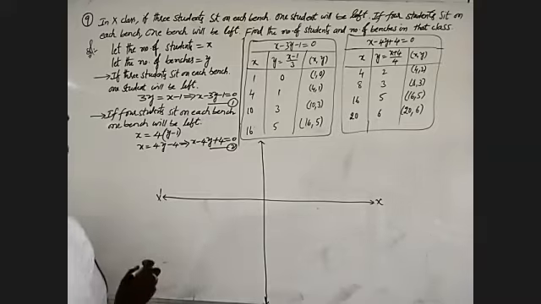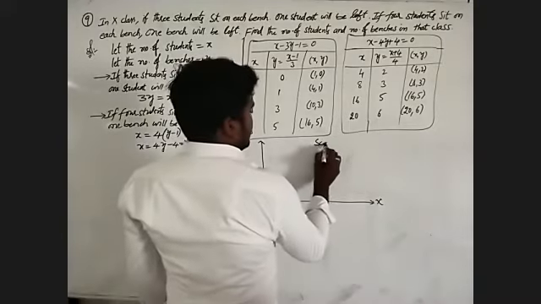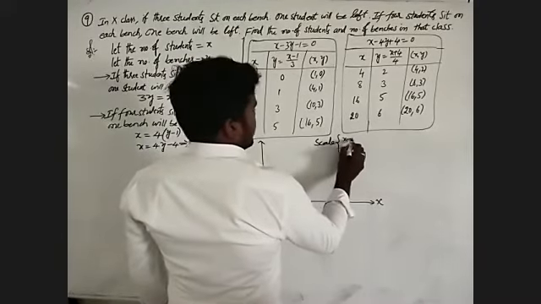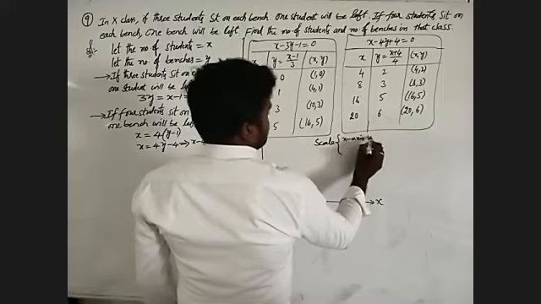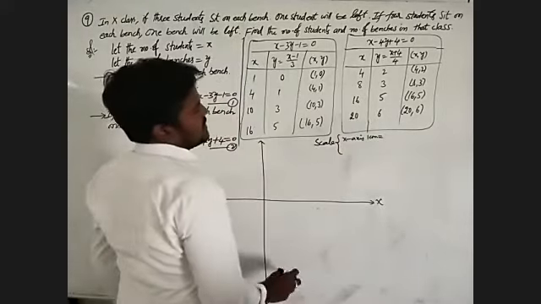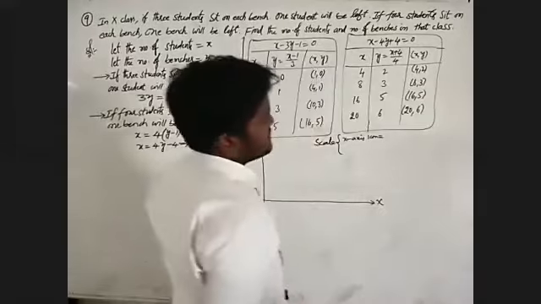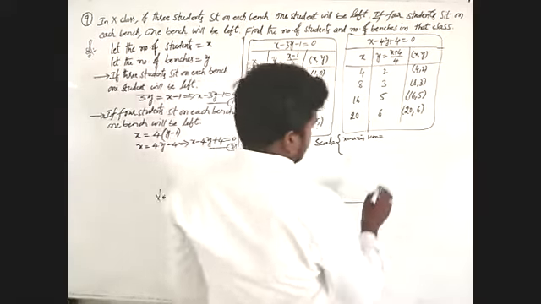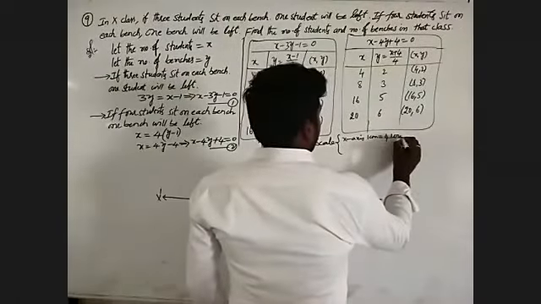We'll observe. First we have to write scale. On x-axis, we'll observe 1 centimeter is equal to 1, 4, 10, 16. After that, 4, 8, 16, 20, all are 4 units. 1 centimeter is equal to 4 units will take.